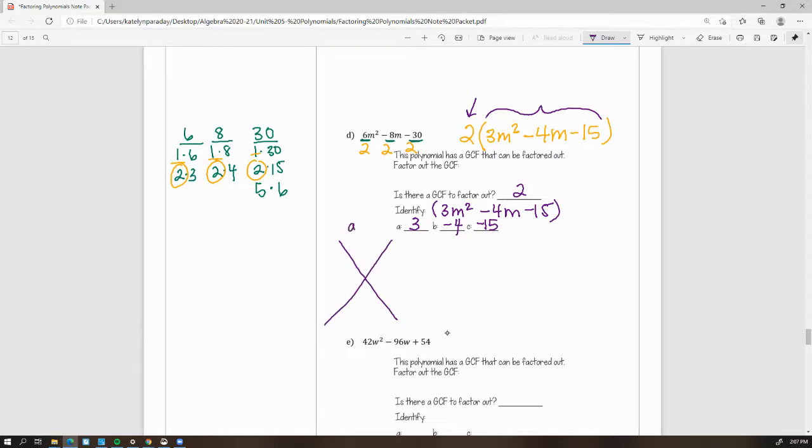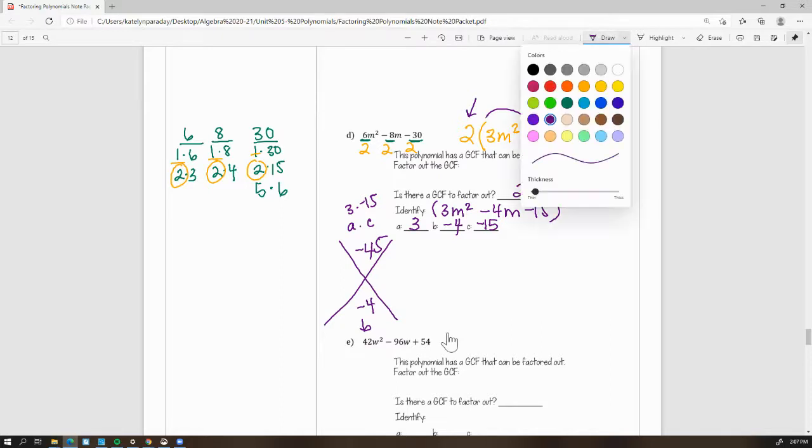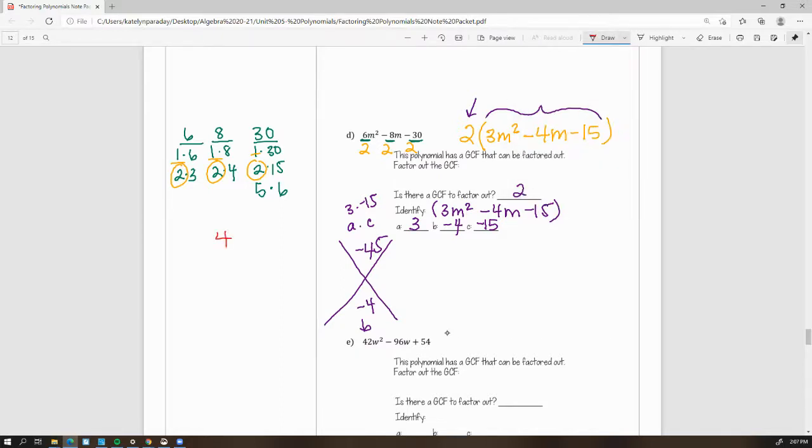Okay, so A times C, 3 times -15 is what? -45, and then my B was -4. So let's talk about the factors of 45. 1 times 45, 2 times nothing, 3 times 15, and then 4, nothing, 5. 45 divided by 5 is 9, right?